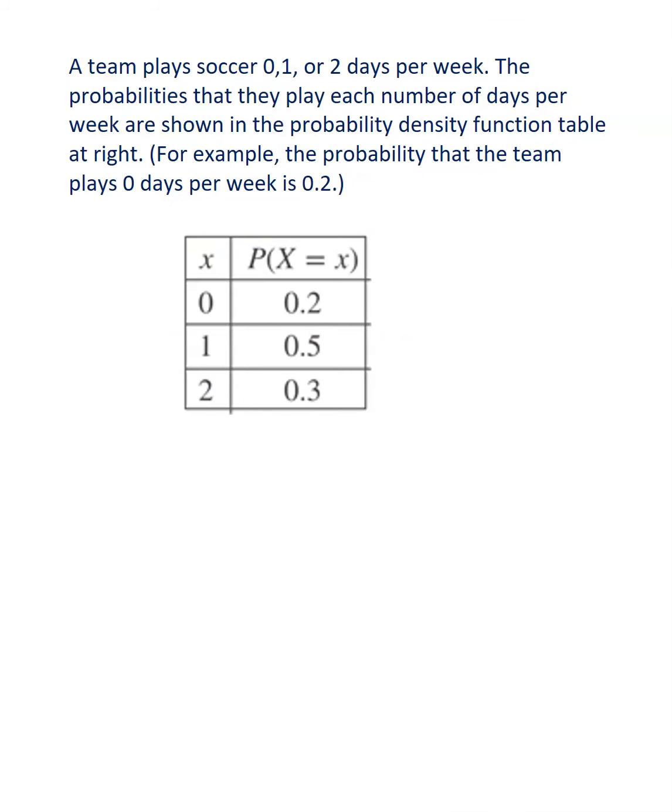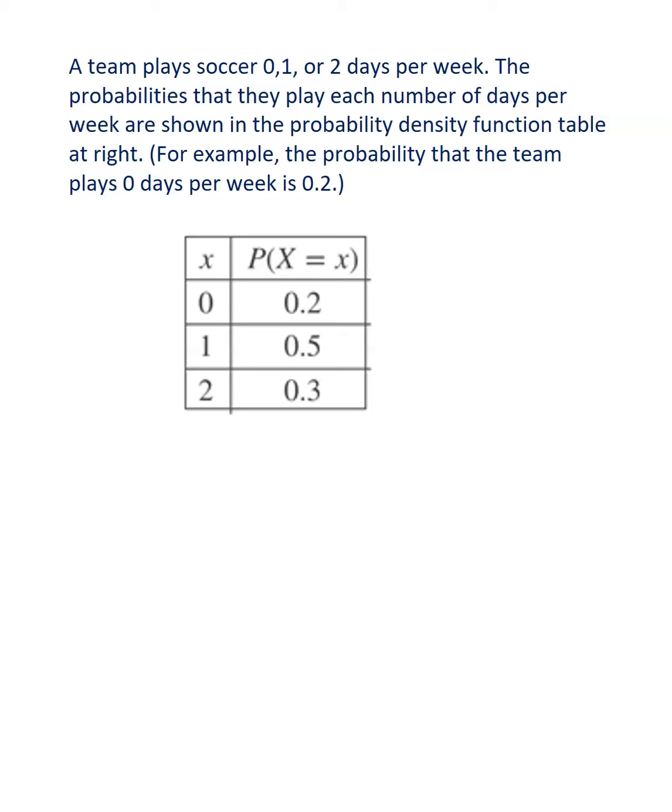So here is our problem. A team plays soccer 0, 1 or 2 days per week. The probabilities that they play each number of days per week are shown in the probability density function table below. For example, the probability that the team plays 0 days per week is 0.2. That's what this means.